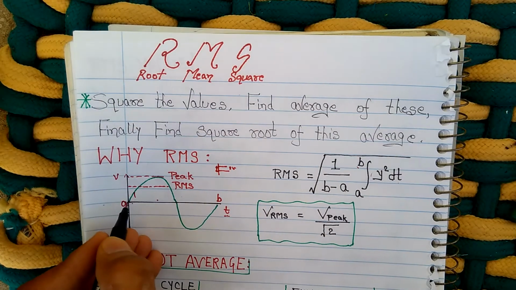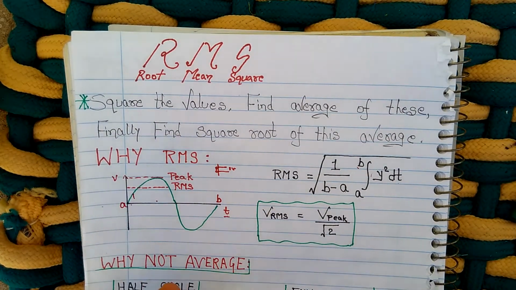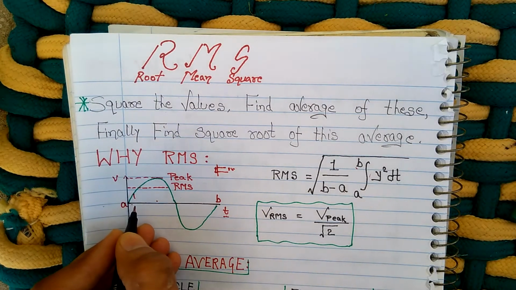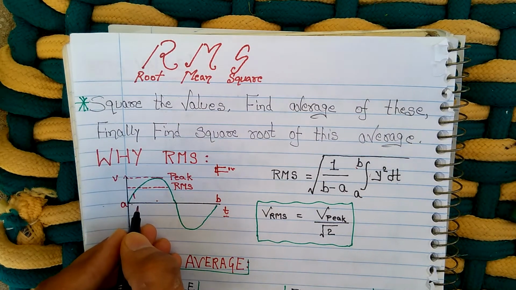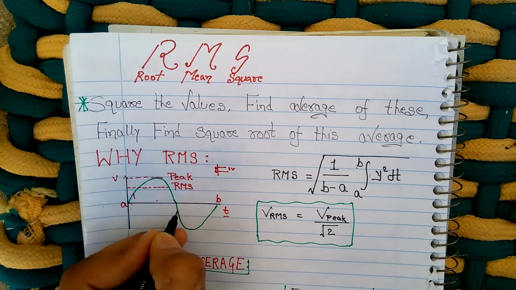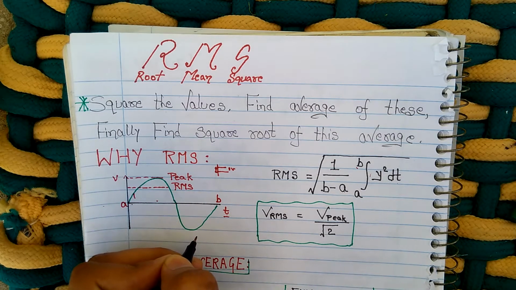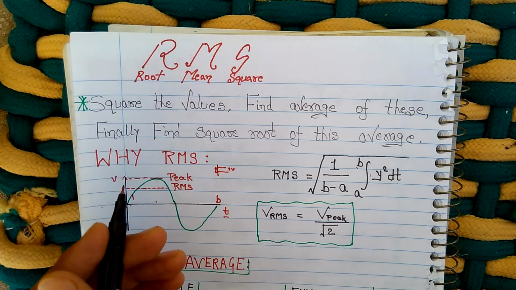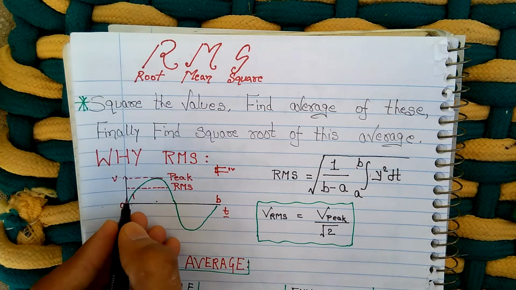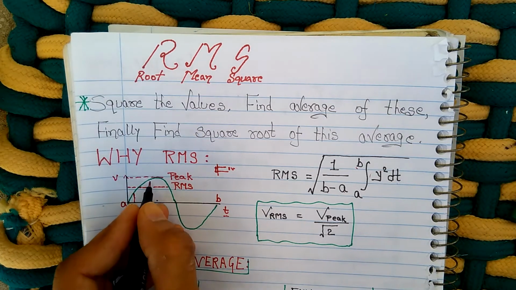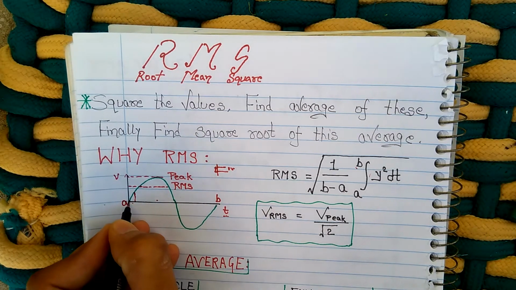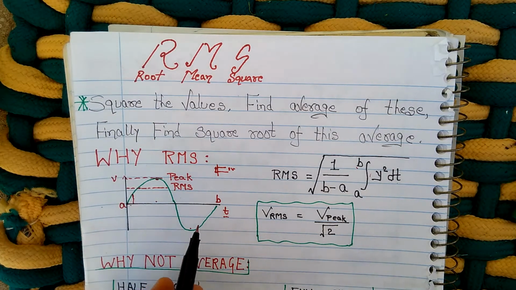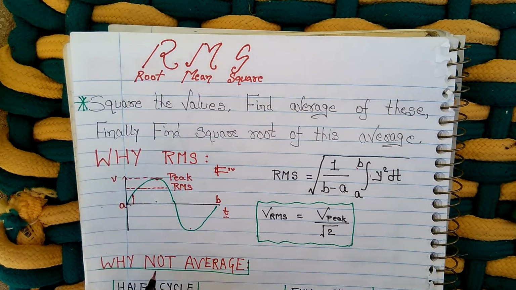But if you have an alternating waveform, one which is changing with respect to time, then you cannot find some absolute value for it. Suppose this is my AC waveform; to indicate it by some fixed value is hard to define, because this waveform has different values at different points of time. Somewhere it is 0, somewhere it is very high, somewhere it is negative. So finding a fixed value of this waveform is very difficult.